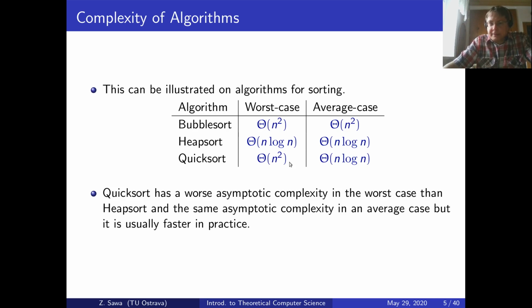But in most cases, it can be shown that if we take the average time, even if not in every recursive call we are lucky and select some element in the middle, it's sufficient that this occurs sufficiently often.